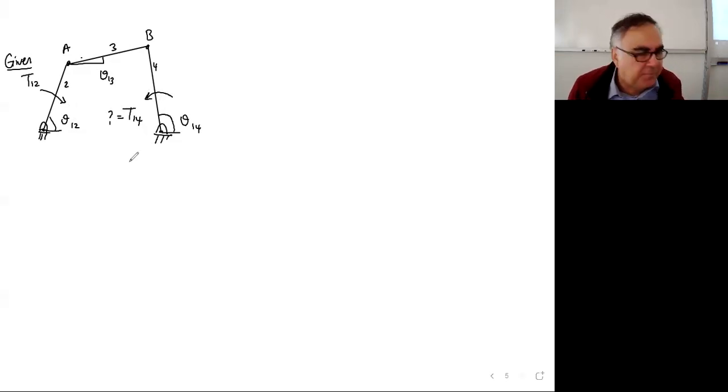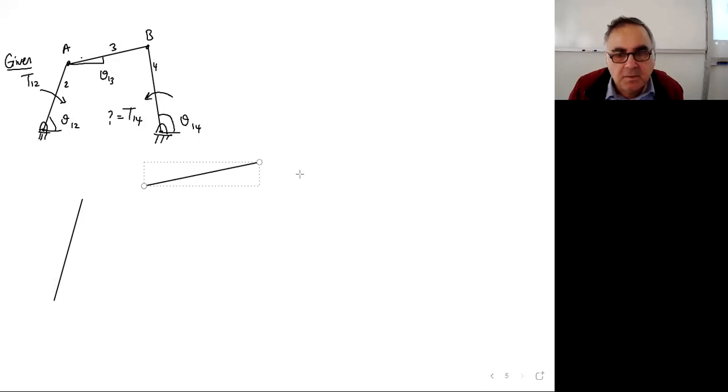It is kind of similar. There is no three-force member. There are only two force and moment members here. Let's draw the free body diagrams. For example, here, this is link 2, this is link 3, and this is link 4, let's say.